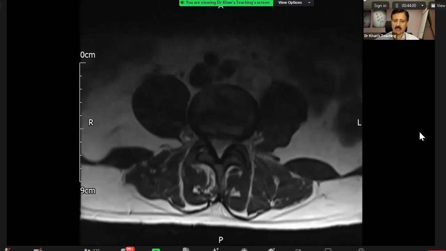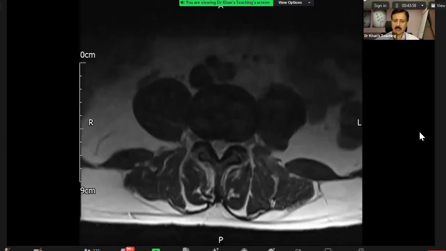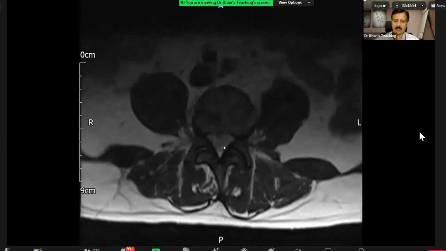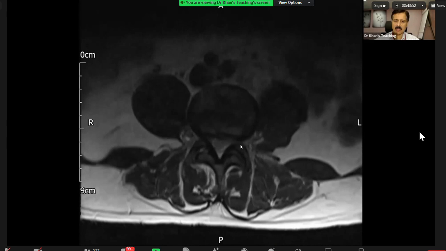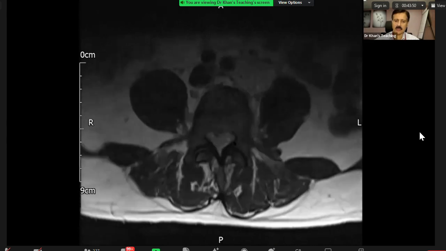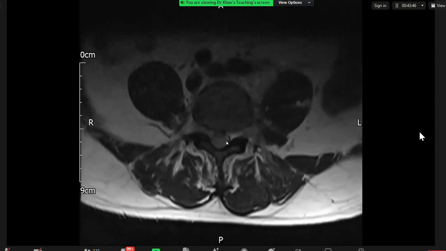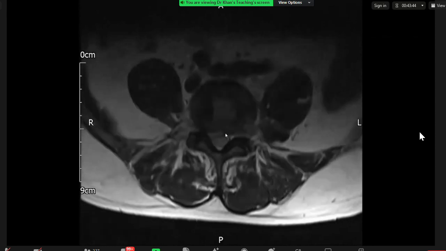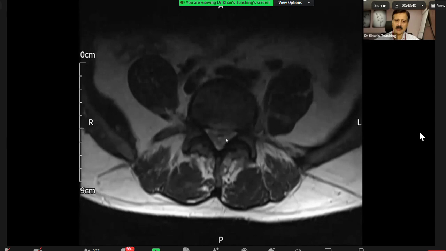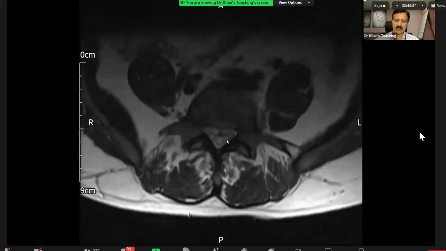On this T2 axial, up here, you can see CSF, you can see the nerve roots. Then something is happening here. It might be the abscess or might be a disc lesion. Then this is that abscess, and here definitely that abscess is visible, and you can see that mass effect.